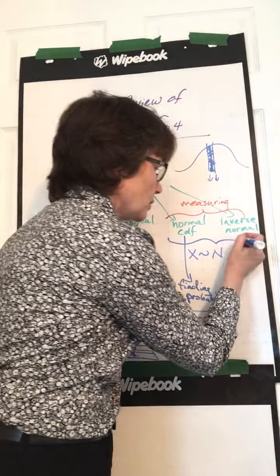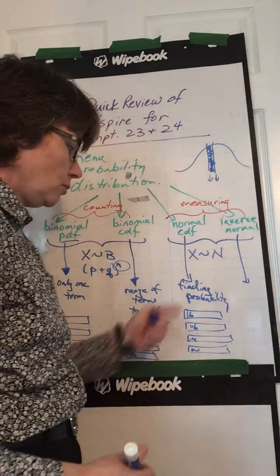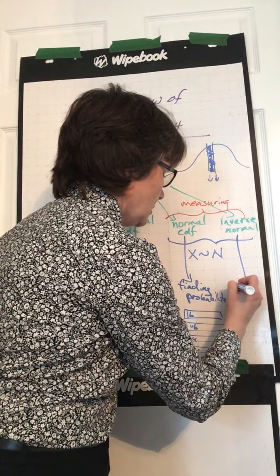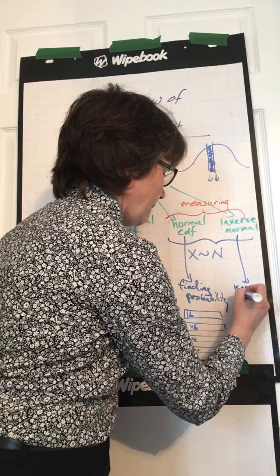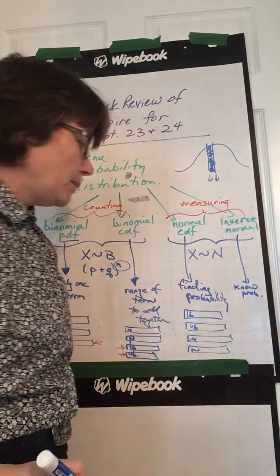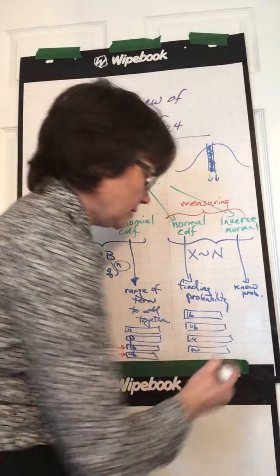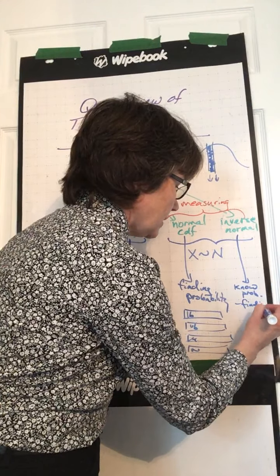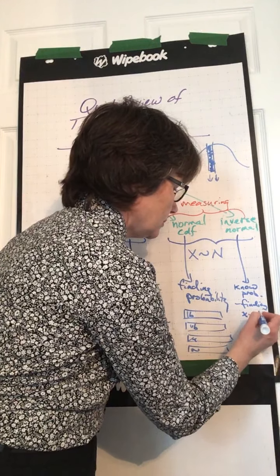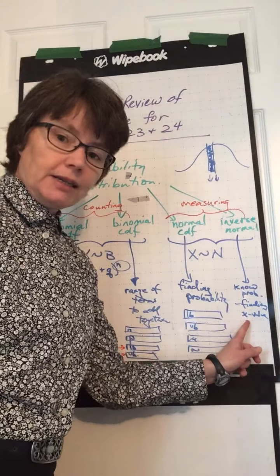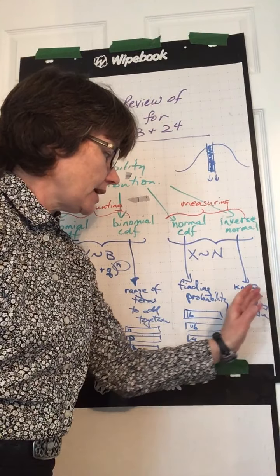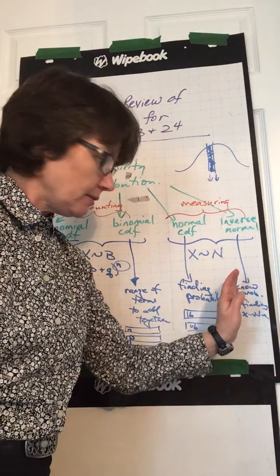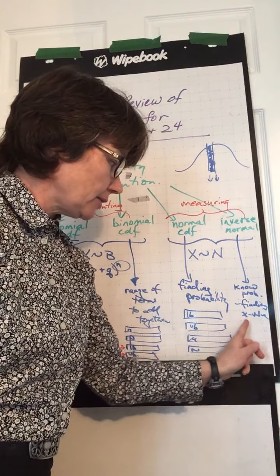We use inverse norm when we already know the probability, but we don't know the k value. So we're finding a certain x value in our data set, where the area is smaller than that x value.